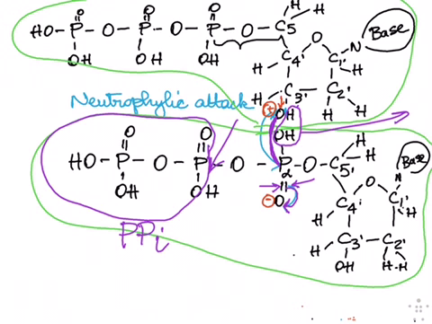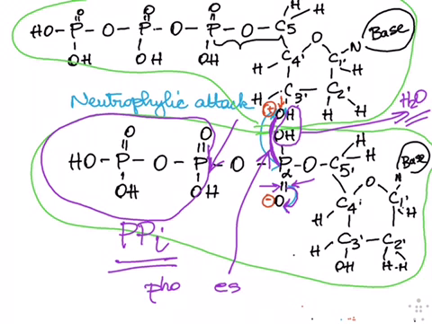So this is a dehydration synthesis or condensation reaction where a water molecule leaves, a pyrophosphate leaves, and an ester bond, and more precisely, phosphoester bond is formed. A phosphoester bond is formed. So this is what your second set of nucleotides should be looking like.